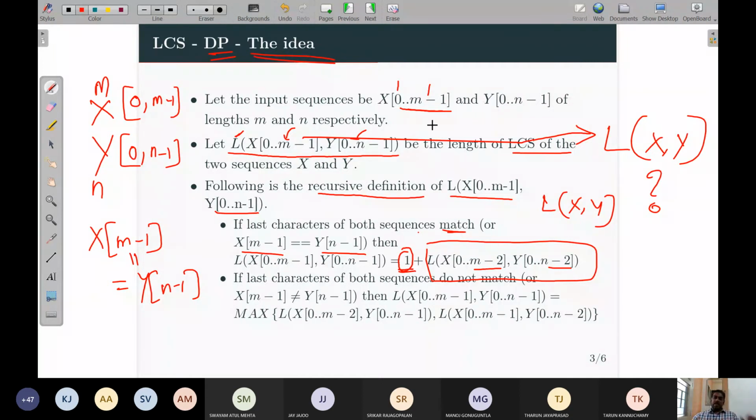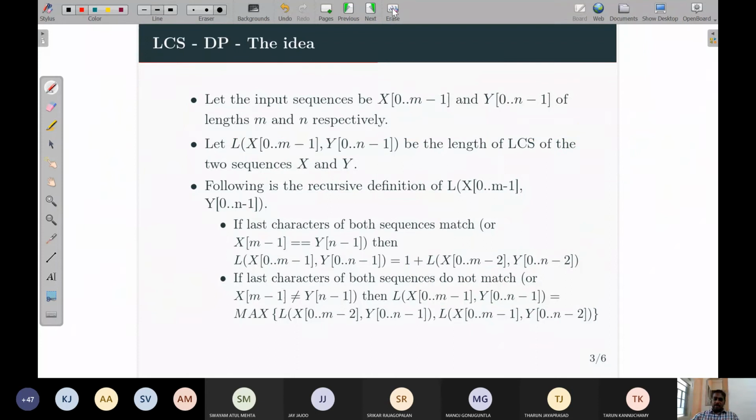If the last characters are not matching, let us assume that the last characters of both sequences do not match, or x m minus 1 is not equal to y n minus 1. So this is x, from 0 to m minus 1, and this is y, from 0 to n minus 1.